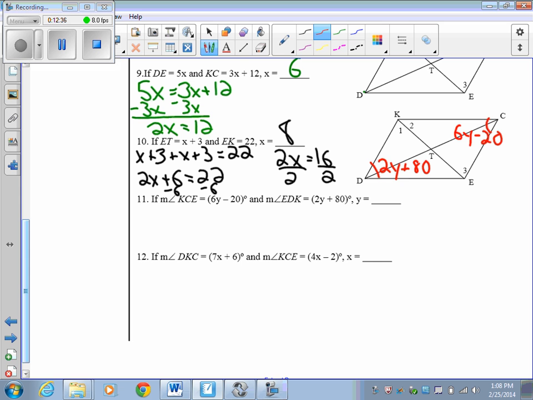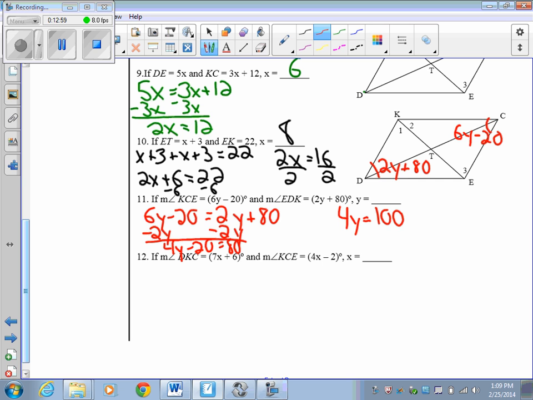We solve this by setting them equal to one another, because we know that opposite angles are equal. So I add 20 to both sides. I'm going to get 4y is equal to 100, and y will equal 25.